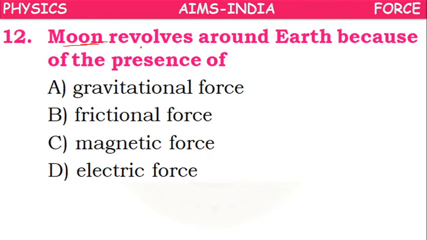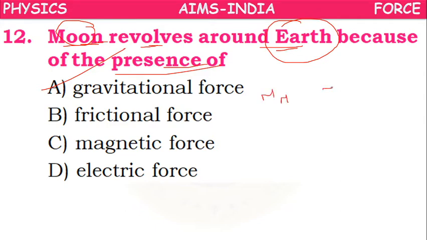The moon revolves around the Earth because of the presence of what? Gravitational force. Because of the mass of the moon and the mass of the Earth, they are huge masses. Between them, the attraction will work.